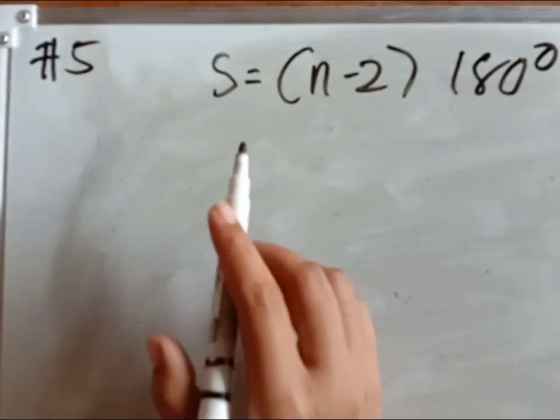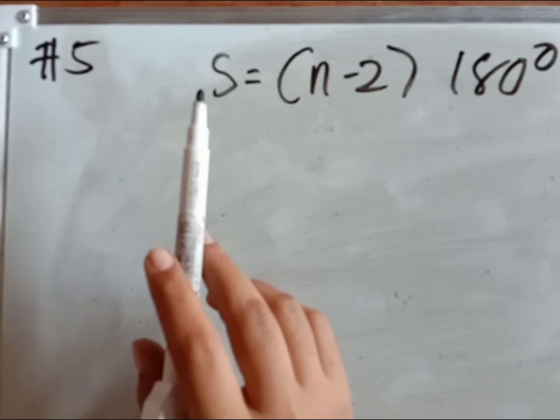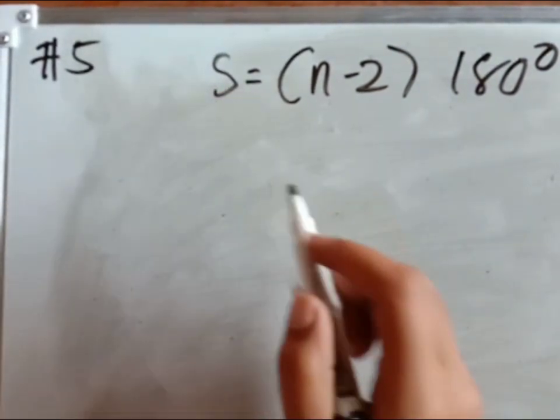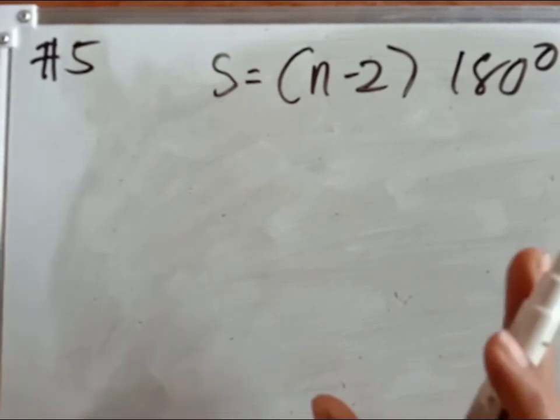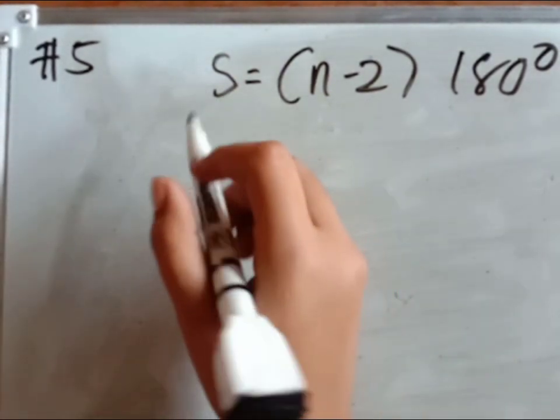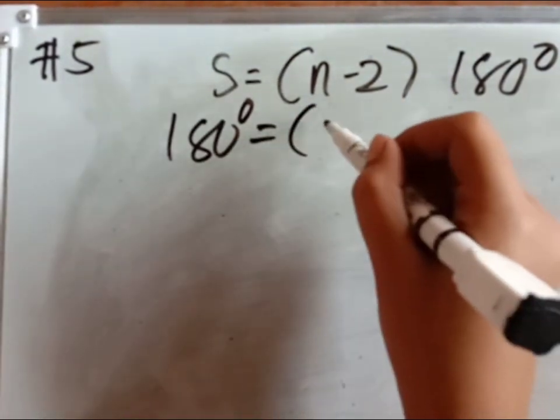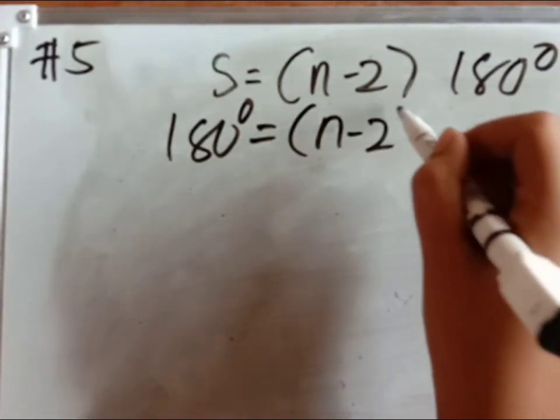So, the sum of all the interior angles of the polygon is given, which is 180 degrees. So, we will put 180 degrees in the place of S. 180 degrees. Our n is unknown, so just copy.